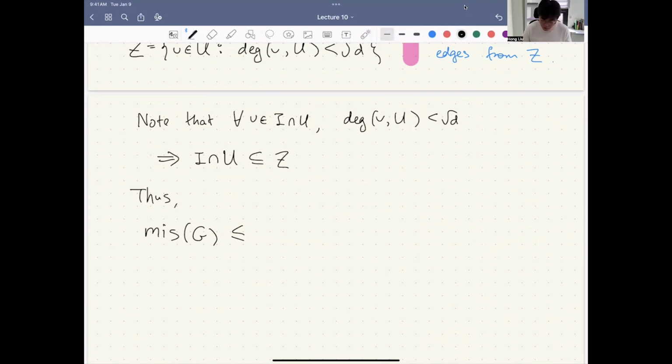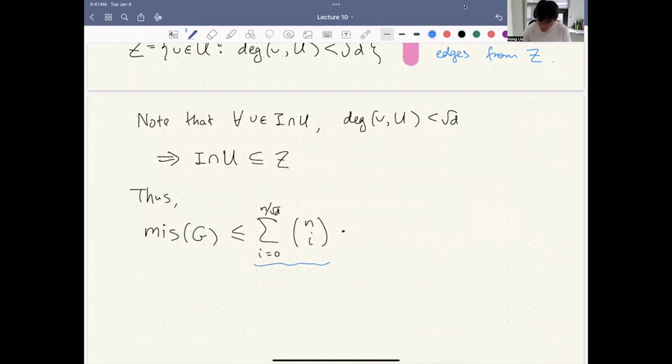This is the sum, i goes from 0 to n over square root D, which is S, of n choose i, multiplied.